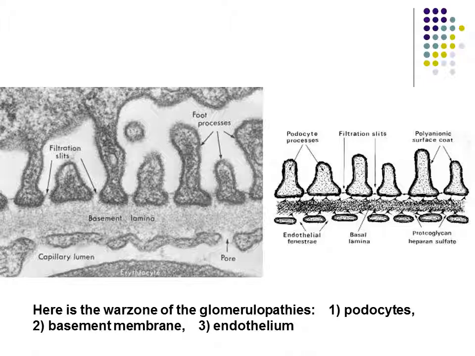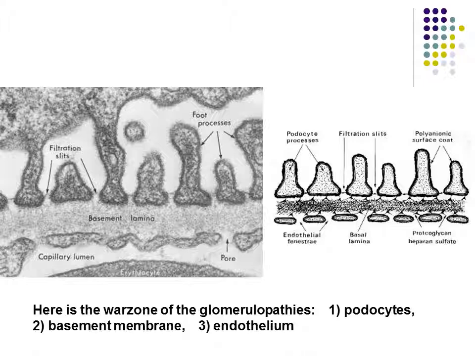Here you can see an electron microscopic picture of the filtration membrane. It consists of the podocyte. In between these foot processes are the filtration slits, the basement membrane, and the capillary endothelial cells having the fenestrations.